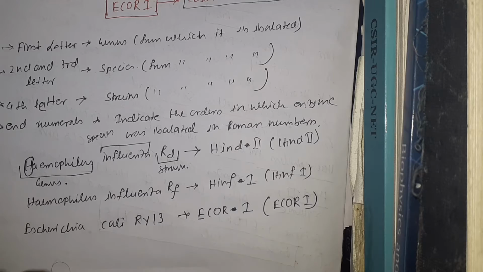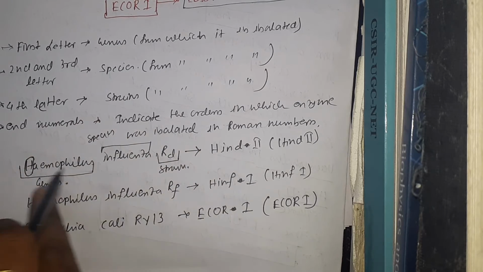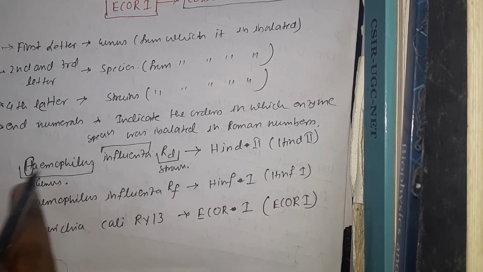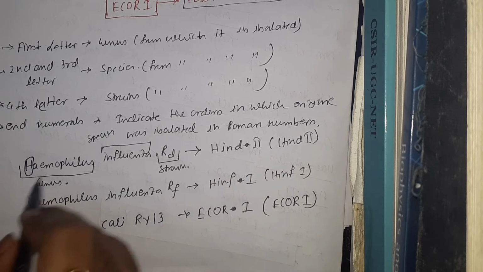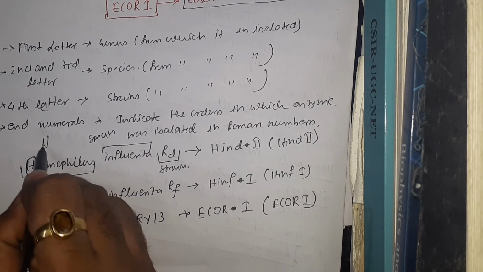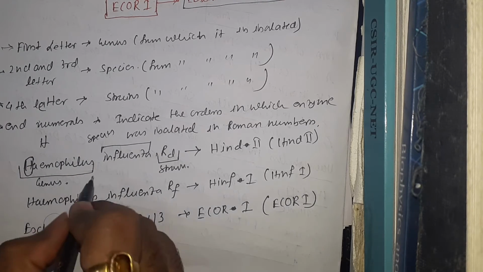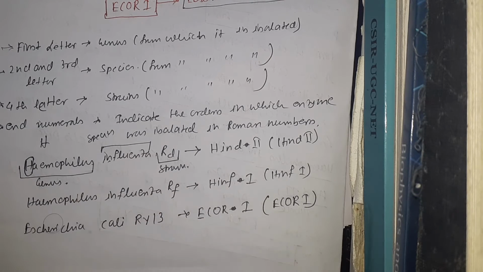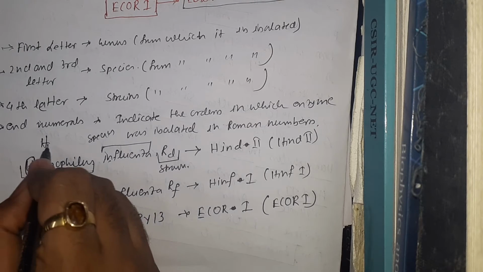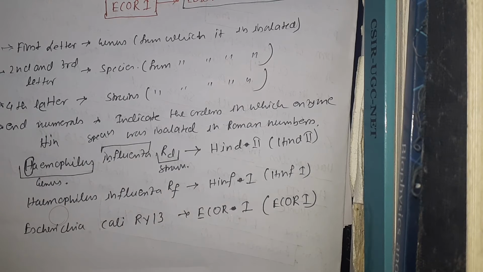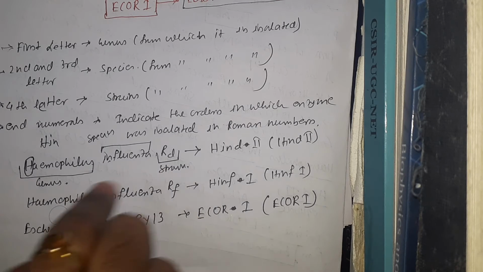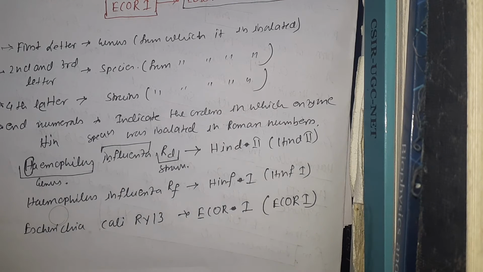If we want to name a restriction endonuclease that was isolated from Haemophilus influenzae Rd, then we need to pick out H for genus, and the second and third words, I and N, will tell us about the species, and the fourth word will tell us about the strain.